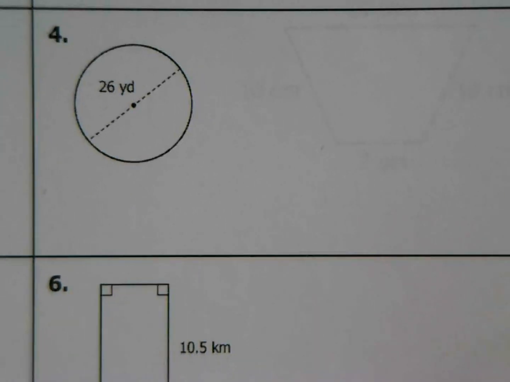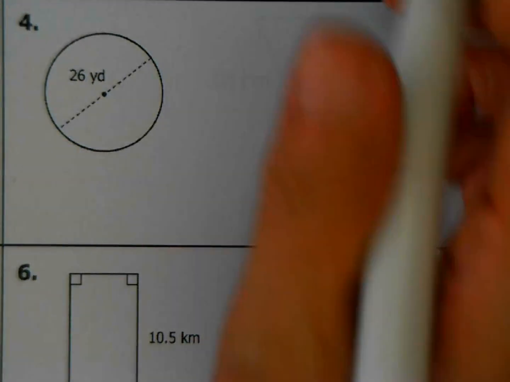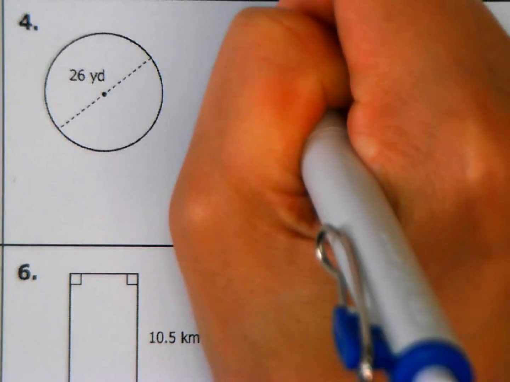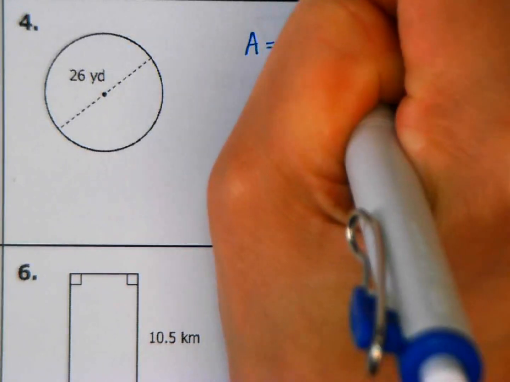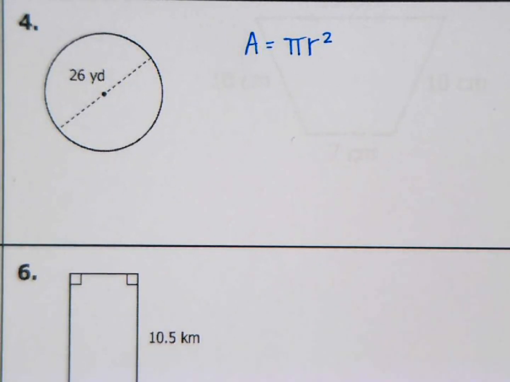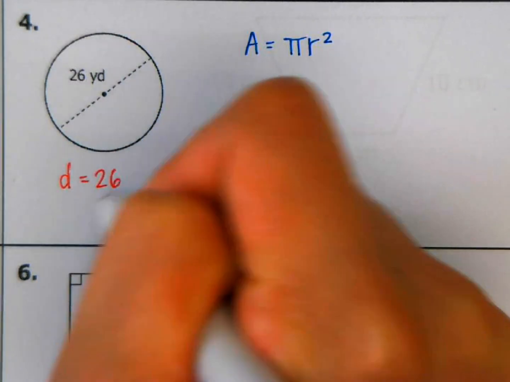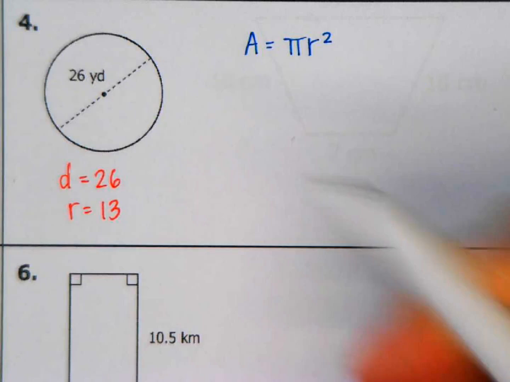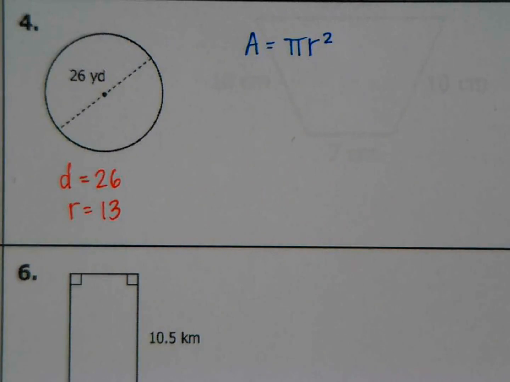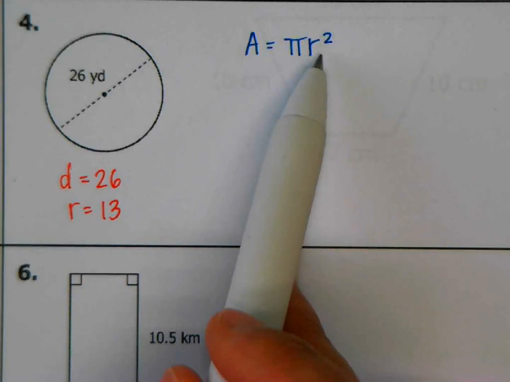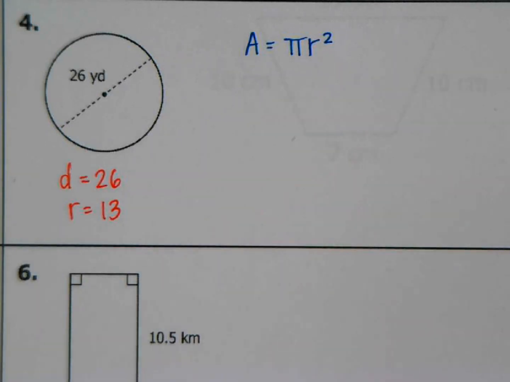Because we just finished the circles unit. If I can just interrupt you real quick, r is 13, so that's what you're plugging in. If you plugged in 26, pause, erase, go back, fix it, please.